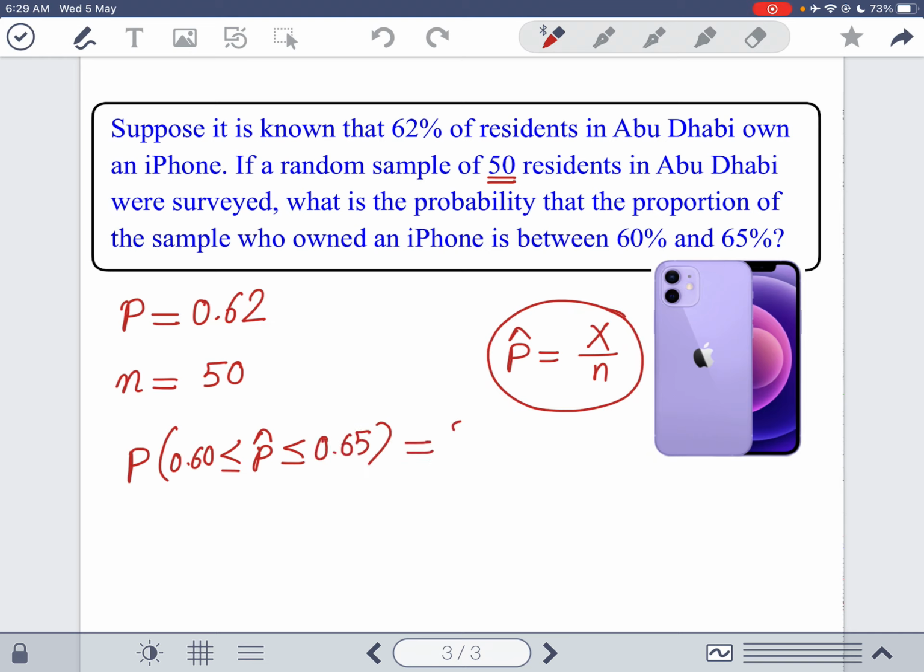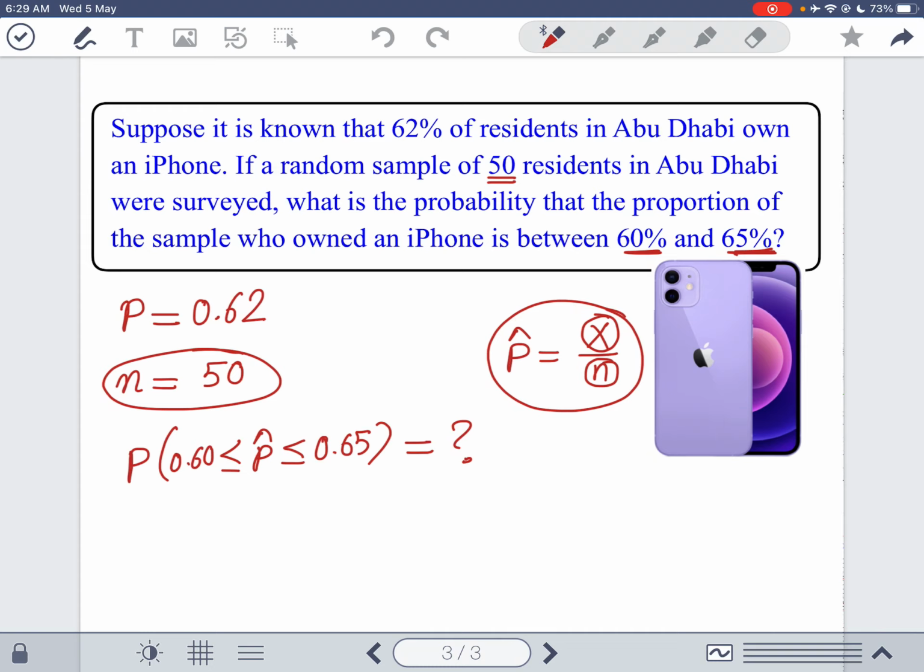This is the question. So you want the probability that if you take a sample of size 50 and find how many people in this sample have an iPhone and divide it by the total number, it's kind of a mean in some sense.